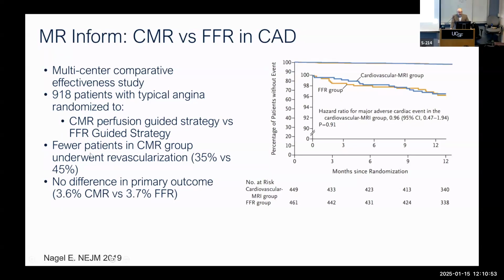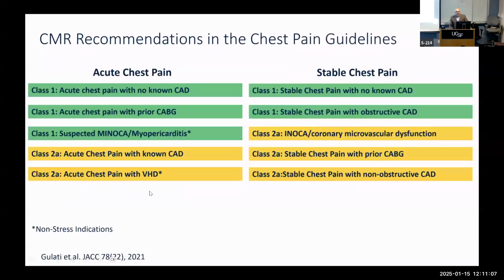So in the study, fewer patients in the cardiac MRI group underwent revascularization, but there was really no difference in the primary outcome. And this data has been carried on past this point, and it remains no difference in the primary outcome.